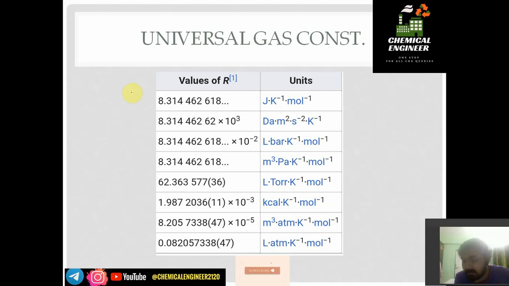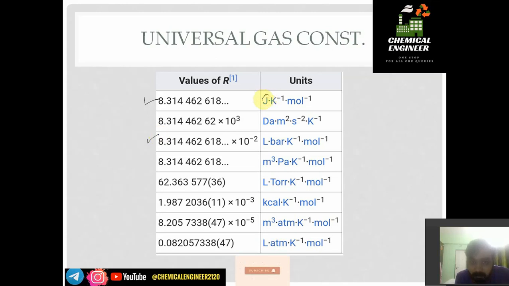Then the universal gas constant: a chemical engineer should always remember these values. The first one, 8.314, is in joule per Kelvin mole. Then in liter bar per Kelvin per mole it is 8.314 into 10 raised to minus 2.